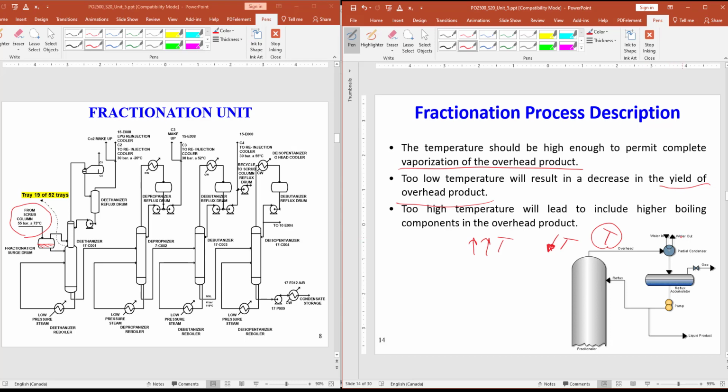Then your product ethane is not pure, it has some other molecules. So adjusting the temperature is a very critical parameter in controlling this column, or in general in controlling the quality of the product and the safe operation of this unit, this column.